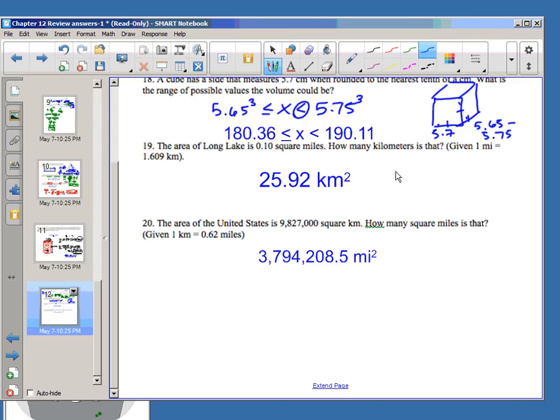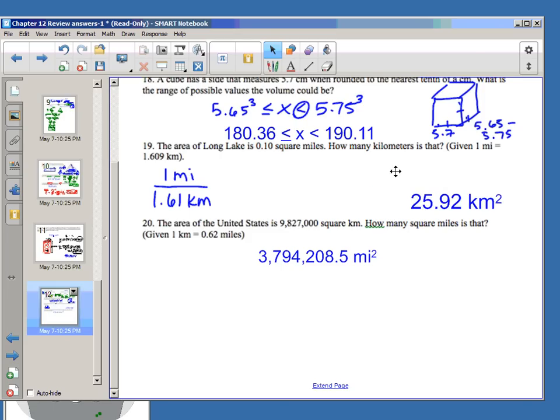All right, number 19. It says the area of Long Lake is 0.10 square miles. Again, this goes back to looking at your notes: 1 mile is equal to 1.61 kilometers. I'm in miles squared, so I need to make sure that my ratio is squared.